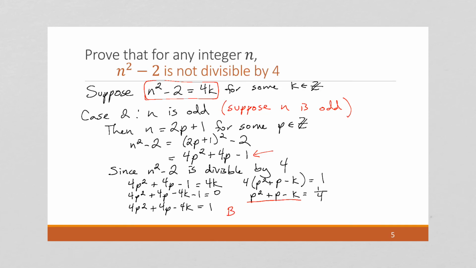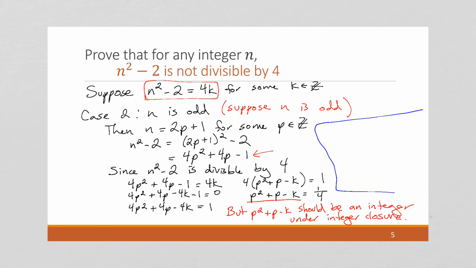So it should be an integer, but it's not. But it's not, so we have a contradiction.